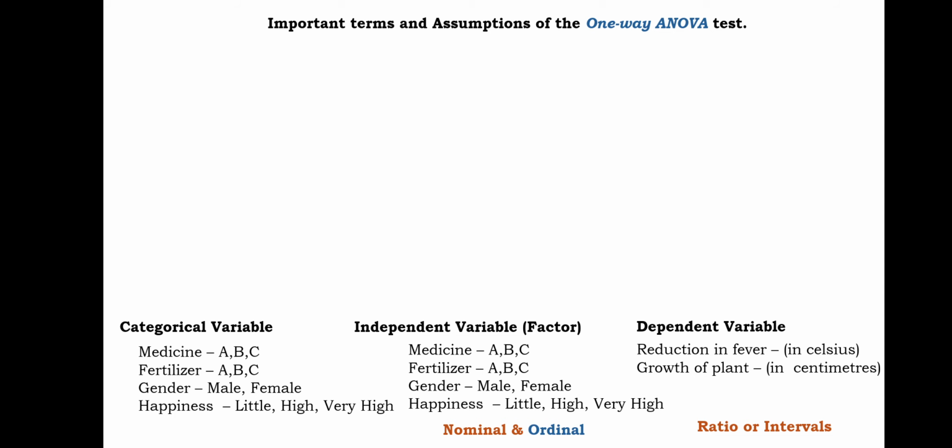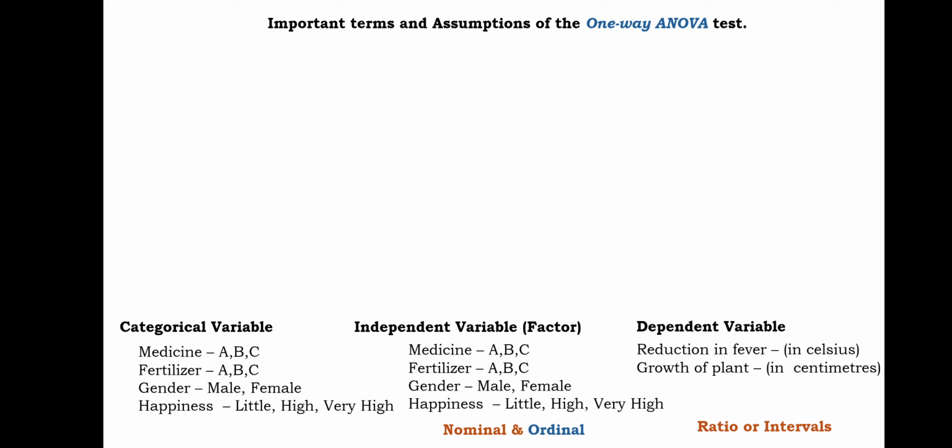For example, medicine will have an effect on the fever. Fertilizers have an effect on the growth of plants. It means there are very high chances that our independent variable will be on a nominal scale and our dependent variable will be on a ratio or interval scale, also known as metric scales, but our dependent variable will never be on a nominal scale.